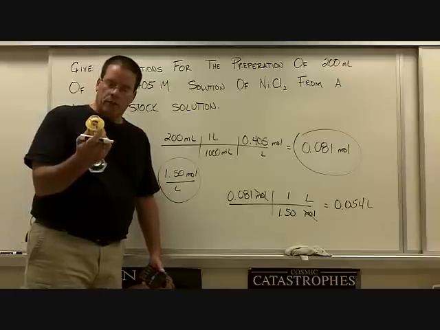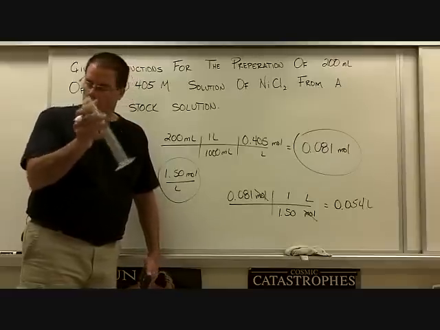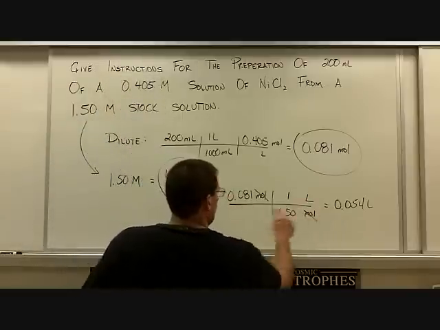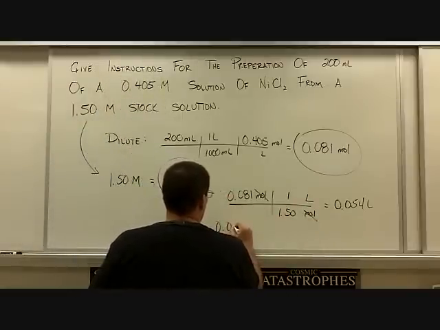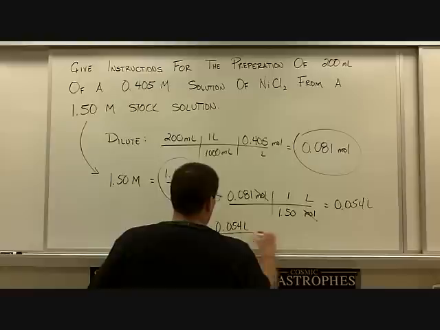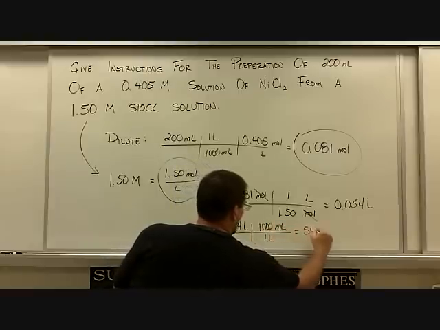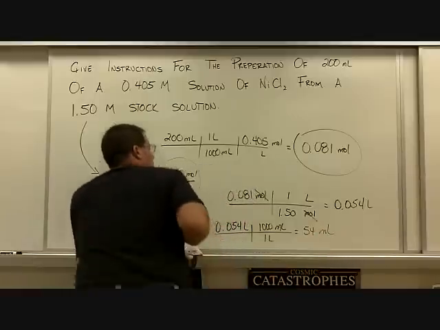Well, when I look at this, this is in milliliters. So let me convert that from liters to milliliters. I'm going to take my 0.054 liters and do a conversion, and that equals 54 milliliters.